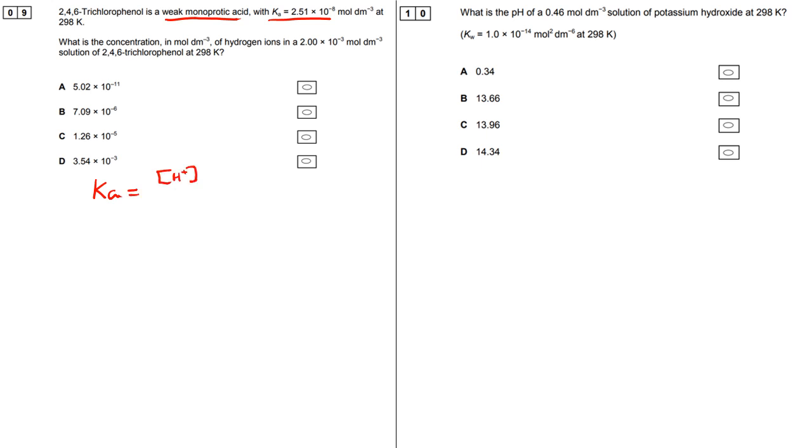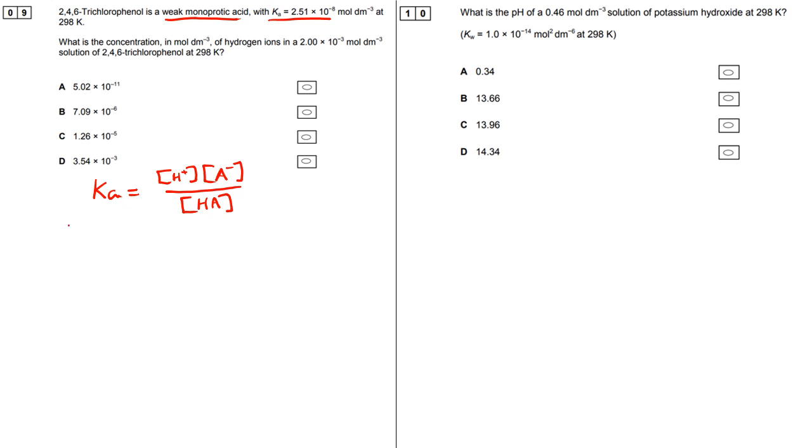So Ka is your H plus concentration times the concentration of the salt, we'll just write A minus, divided by the concentration of the acid, the trichlorophenol, which we'll give as HA. The formula of trichlorophenol is not going to help us here, so it doesn't matter. We can just use the general expression for a weak acid.